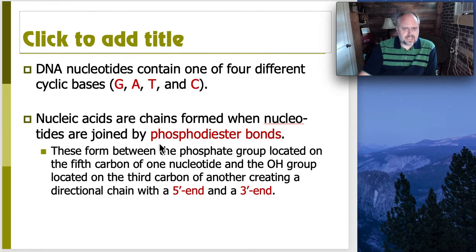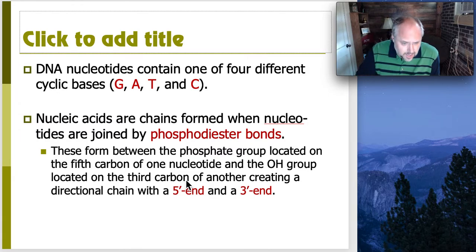That's basically all that means. And what's a little bit more important is when you think about the overall structure of the DNA, the phosphate group of one is going to interact with the OH group of another. This is talking about the sugars, and this is what's going to give some orientation to that molecule with regards to the formation of that phosphodiester bond.